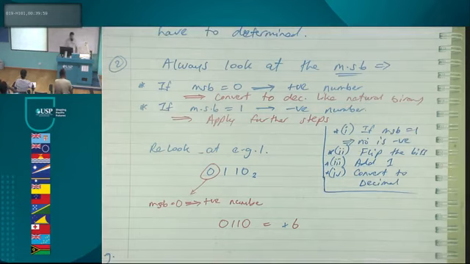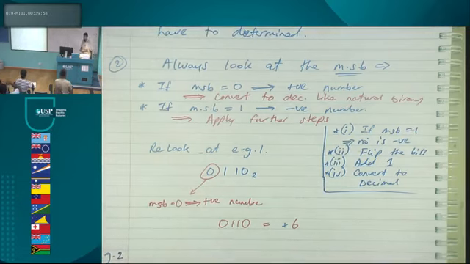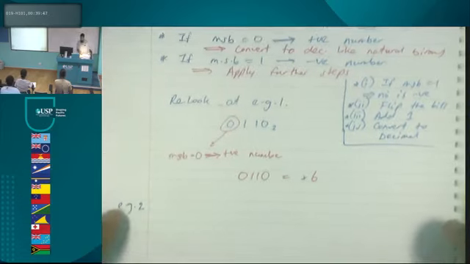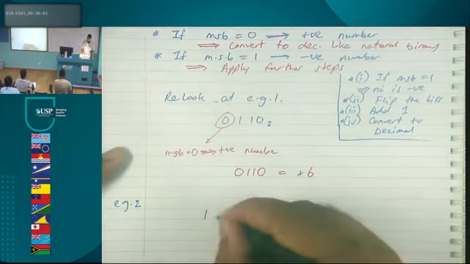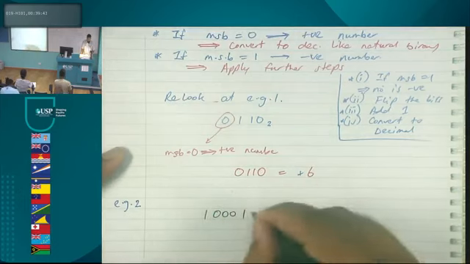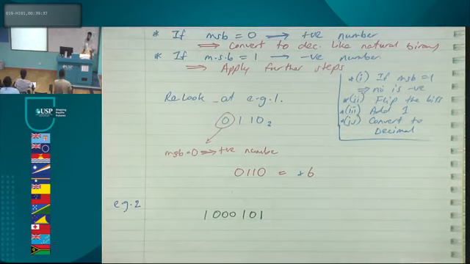Okay, let's have a look at another example. Example 2. Let's look at the number 1000101, and we've got to convert that, and somebody tells you it's 2's complement.